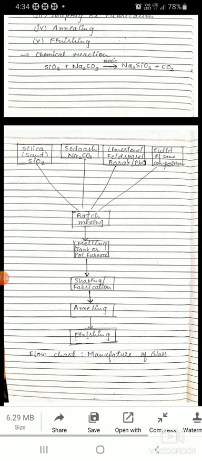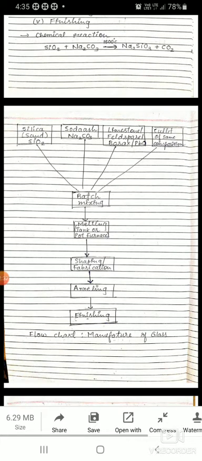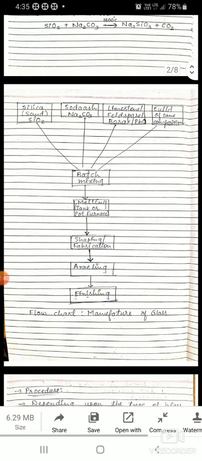Here you can see the flow chart for the manufacture of glass. Our chief raw materials are silica, SiO2, soda ash, limestone, feldspar, borax or lead oxide, and cullet of the same composition. They all are mixed in this step, batch mixing.